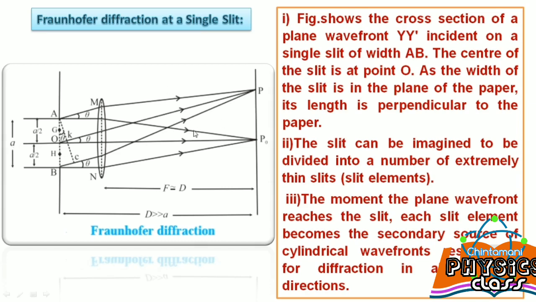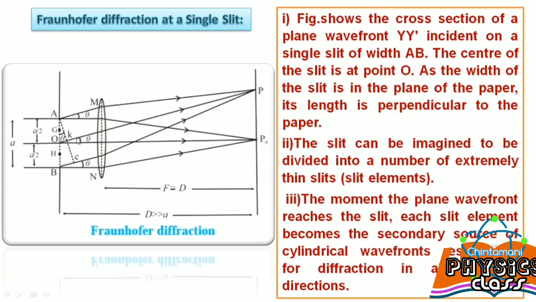The center of the slit is at point O. As the width of the slit is in the plane of the paper, its length is perpendicular to the paper. The slit can be imagined to be divided into a number of extremely thin slits, also called slit elements, here AO and OB.